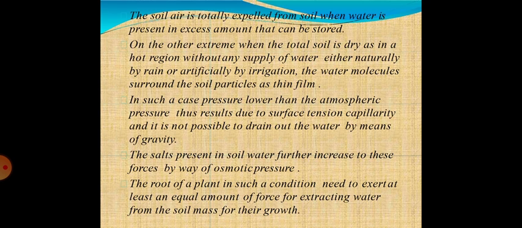In such a case, pressure lower than the atmospheric pressure results due to surface tension and capillarity, and it is not possible to drain out the water by means of gravity. The salts present in soil water further increase these forces by way of osmotic pressure. The root of a plant in such a condition needs to exert at least an equal amount of force for extracting water from the soil mass for its growth.